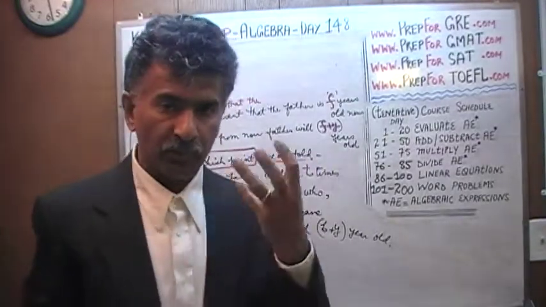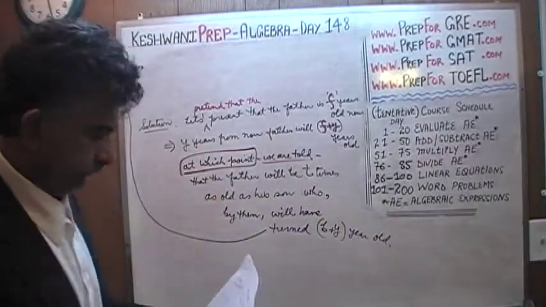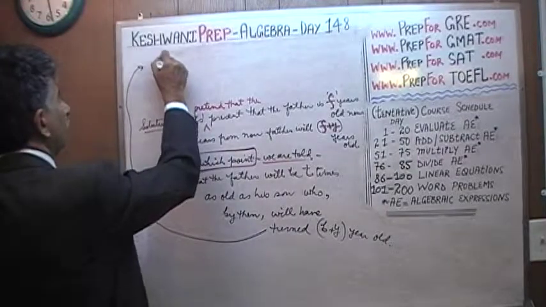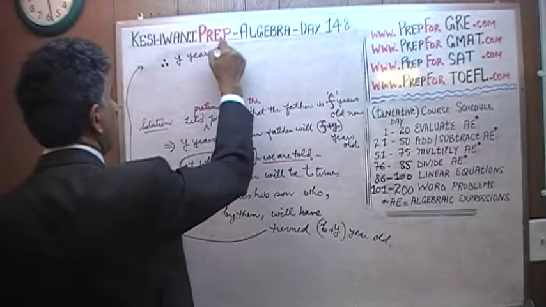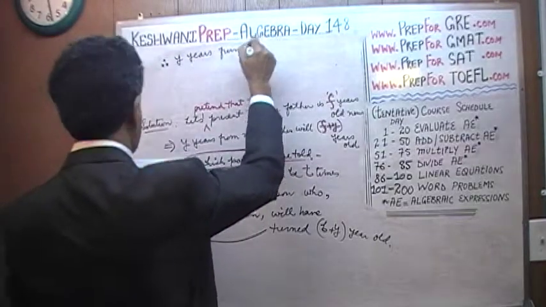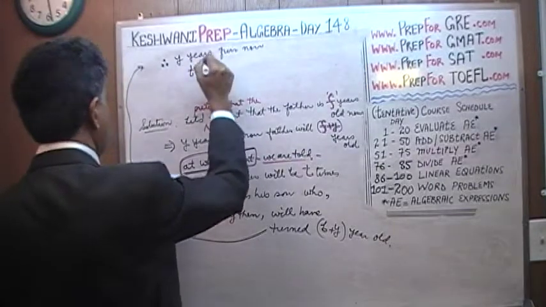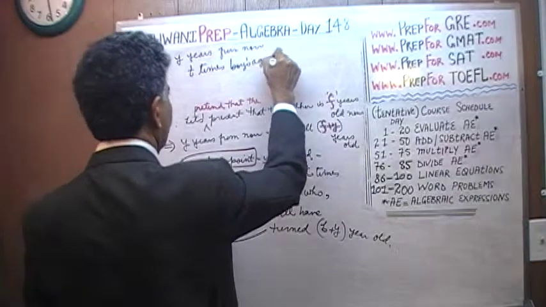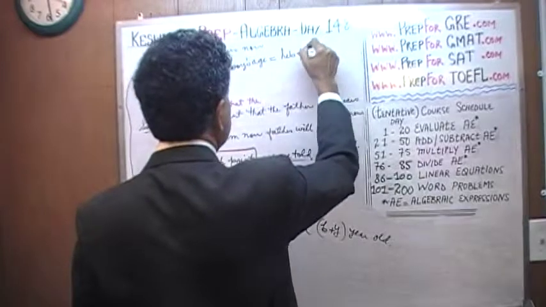We're going to incorporate all of that information now into one algebraic equation. Therefore, Y years from now, T times the boy's age will equal his father's age.